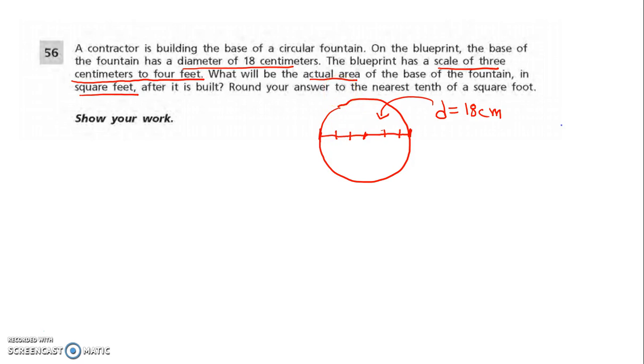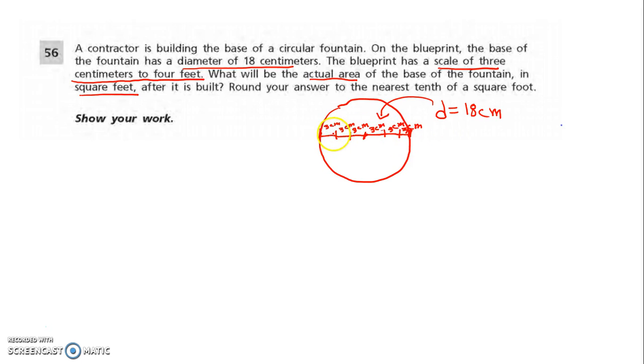If I took my diameter and broke it into 6 parts, you could see that that would be 3 centimeters, 3 centimeters, 3 centimeters, 3 centimeters, 3 centimeters. Let's make sure that gets us to 18. 3, 6, 9, 12, 15, 18.